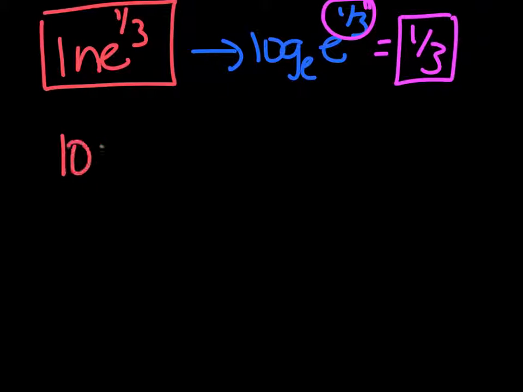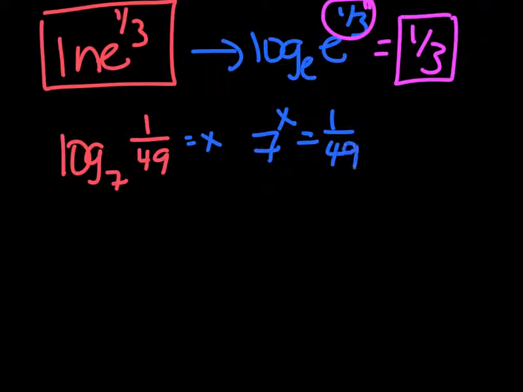If I have log base 7 of 1 over 49, and I want to simplify it, the easiest thing to do is set it equal to x and rearrange it. 7 to the x equals 1 over 49. And again, we did these earlier. Get your bases the same. Well, this 1 over 49 came about because the 49 is in the denominator because it had a -1 exponent.